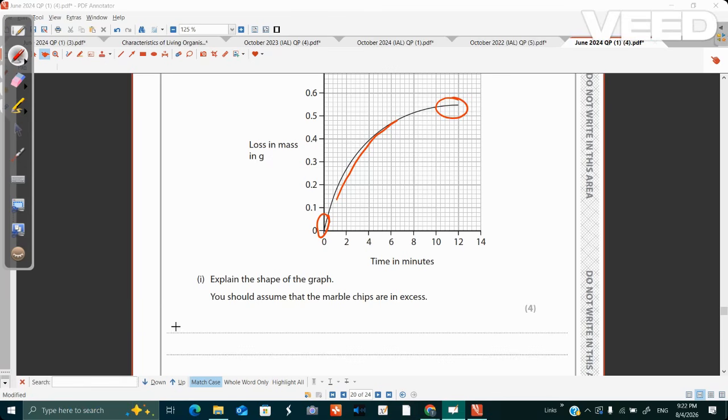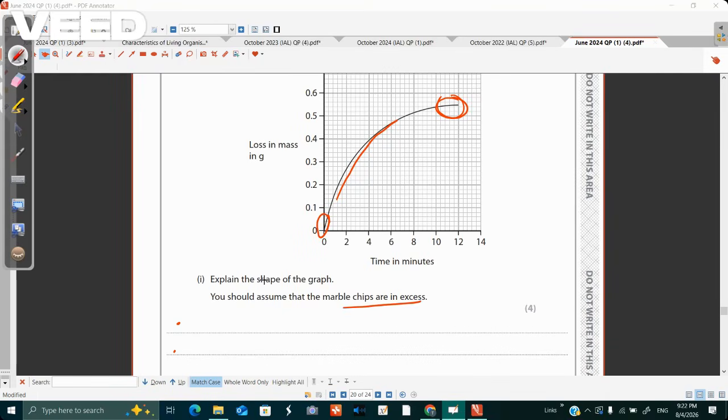In the beginning, the reaction is happening faster because there are more reactants in the mixture. And then at the end, the reaction has come to a stop because the acid is limiting. All the acid is used up because you have excess chips here.